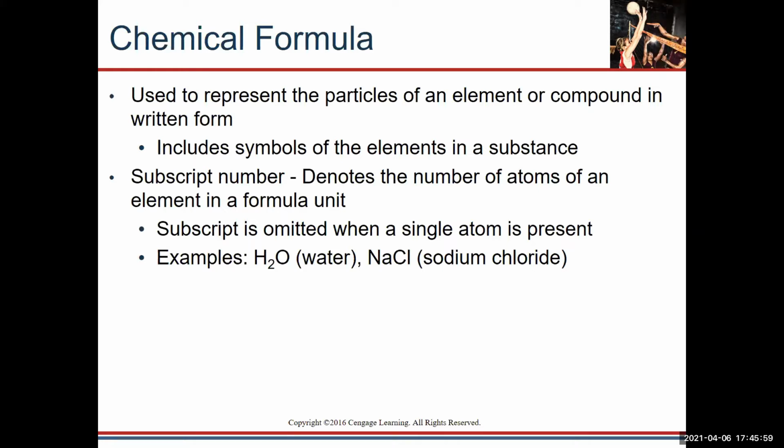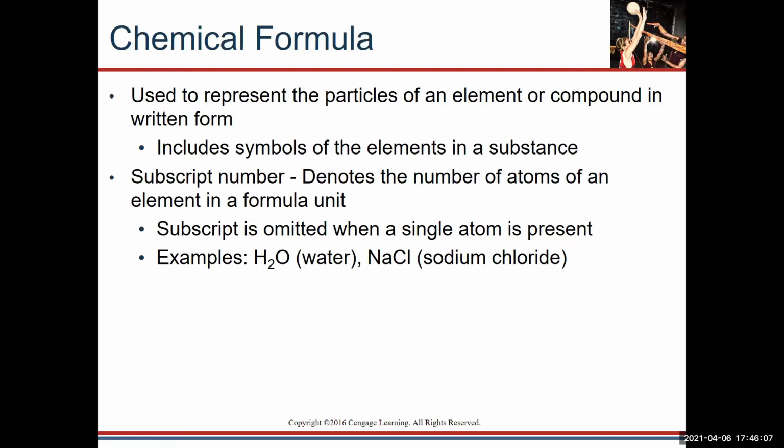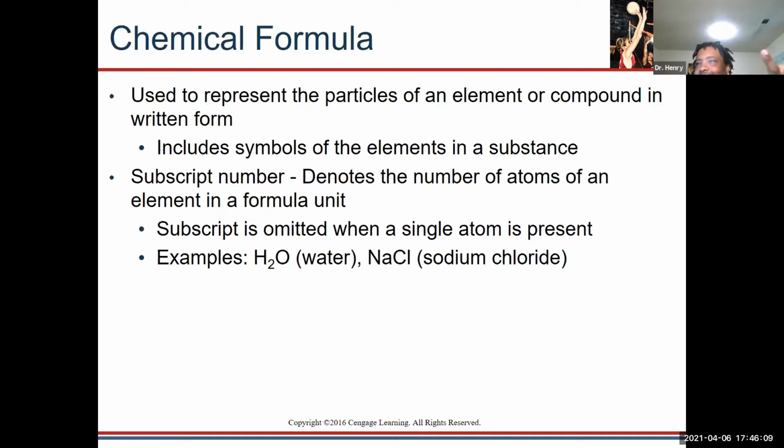Oh, and bromine. Okay, so that's our 7. We know that we have 7 elements that are going to be diatomic, right?